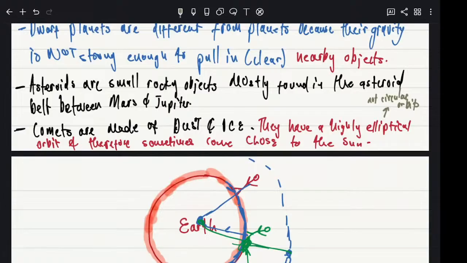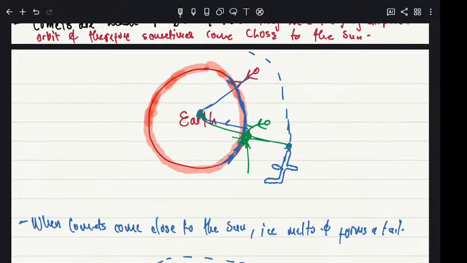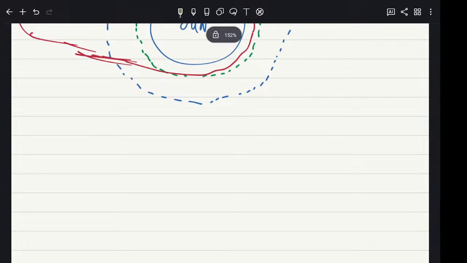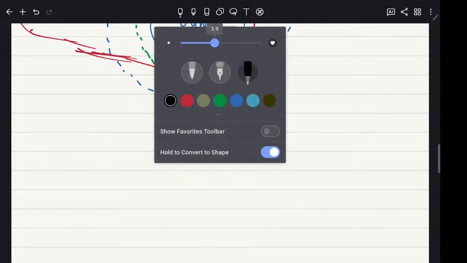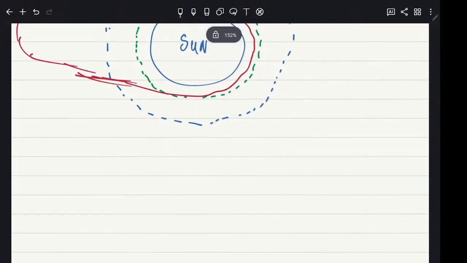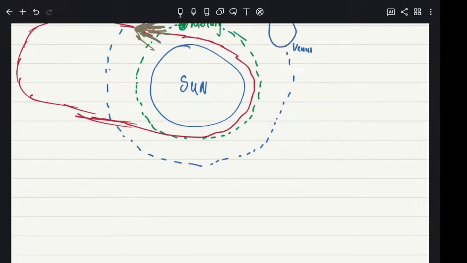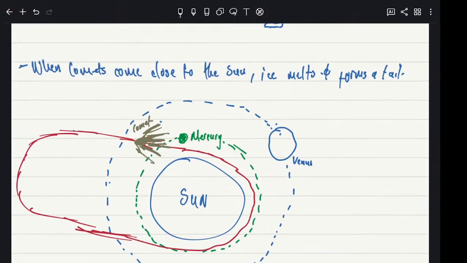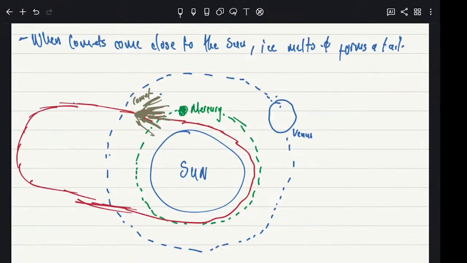Now, let's do a bit of interesting stuff. We're almost done. Everybody has seen that when you talk about planets, they go around the sun. When you talk about comets, they pass around the sun.